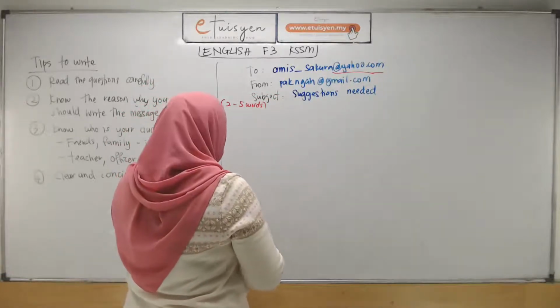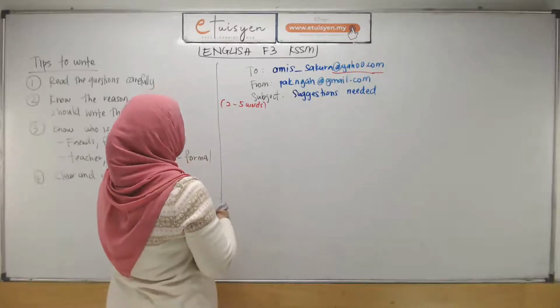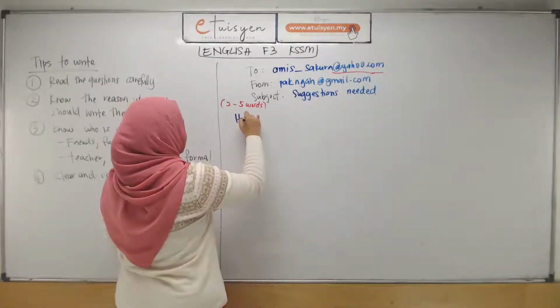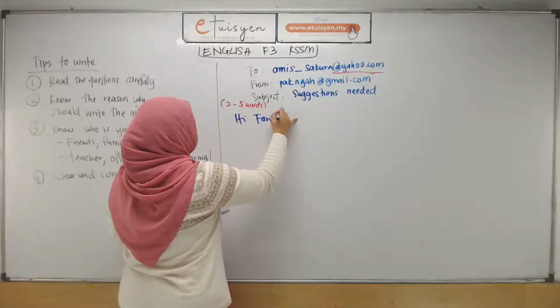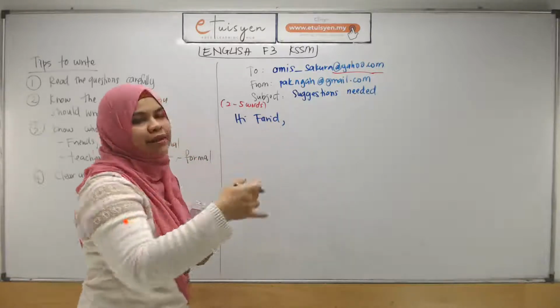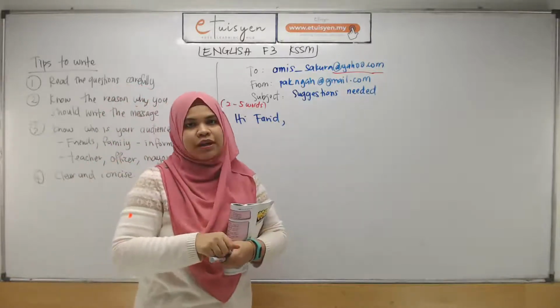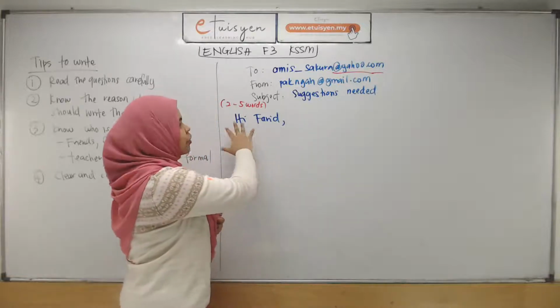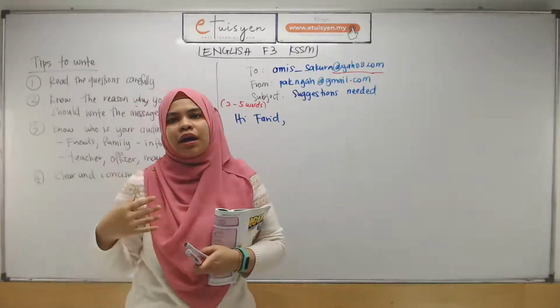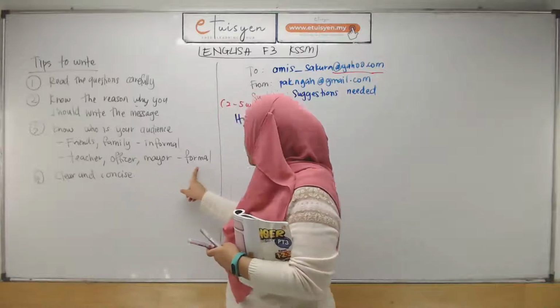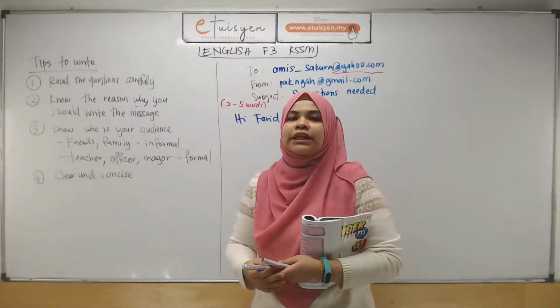Okay, so here kena ada greeting. Now greeting ni, say for example lah, hi Farid. Okay, so yang ni I'm writing an email to a friend, so I can use hi. Okay, kalau friend, hi. Kalau orang formal ni, okay, formal tone, hello, dear sir.